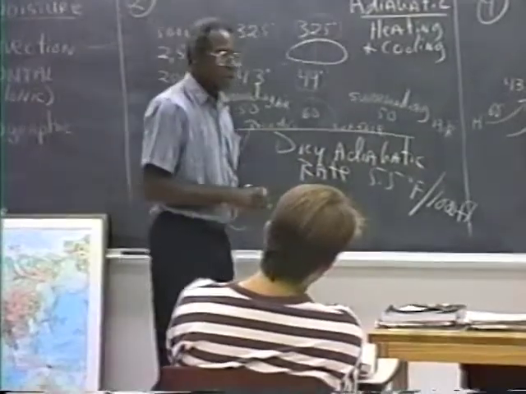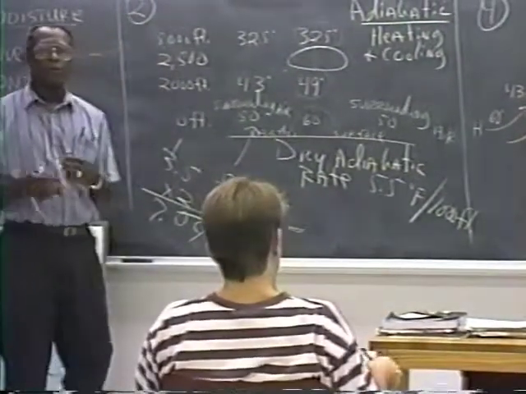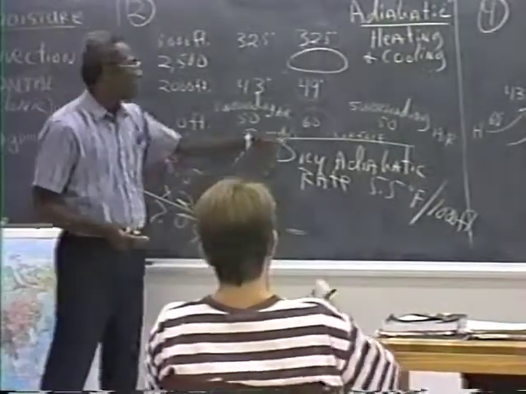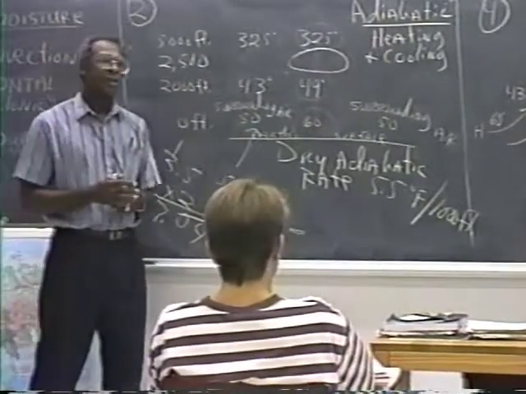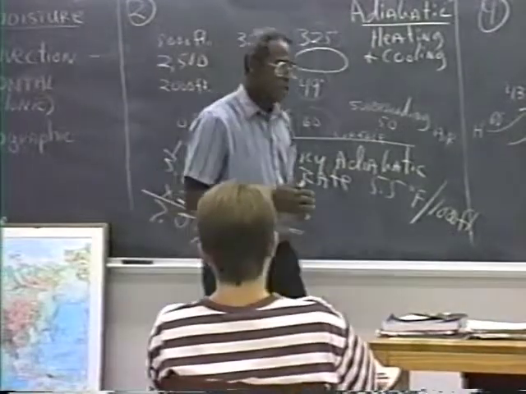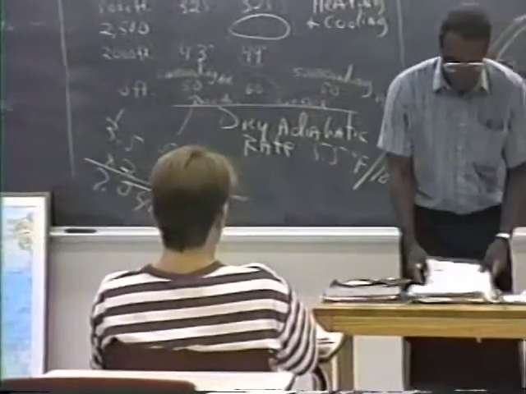So in this exercise you'll have to determine the temperature at various elevations between rising air and surrounding air. And that's why I'm emphasizing this, because you're going to have some time to work on it, but it's very important that you understand it.